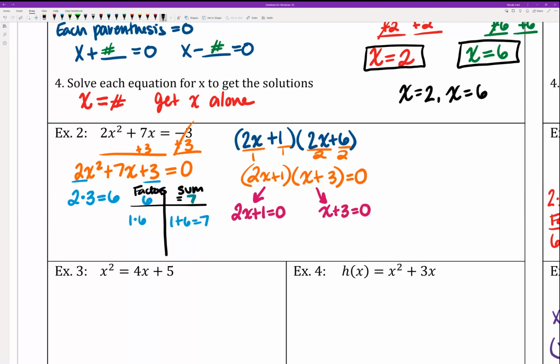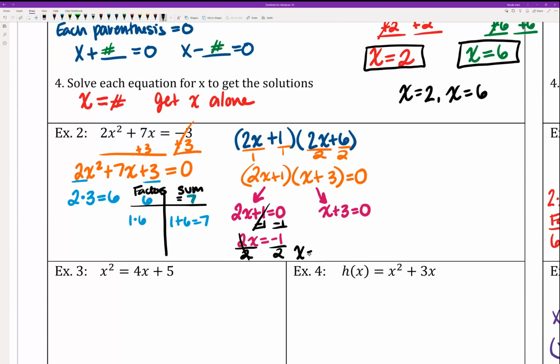From here, we're going to solve for x in each one. So we want to get x by itself. For the left-hand side, 2x plus 1, that means I'm going to subtract 1 on both sides. And then we'll be left with 2x equals -1. And from there, to get x alone, I need to divide by 2.